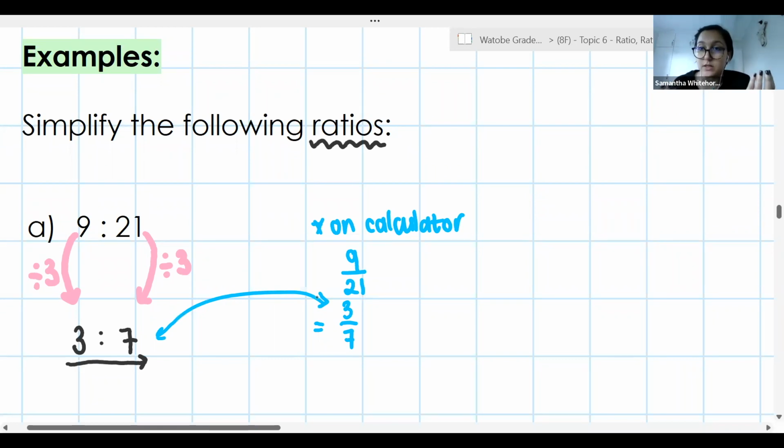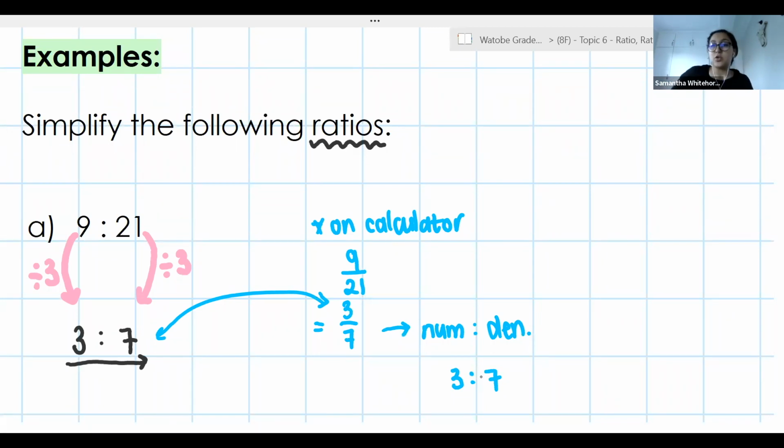One's a ratio, one's a fraction. And so what you need to remember is that once you've got the fraction, you need to write it as a ratio. And that will always be written as your numerator's value first to the denominator's value second. So here we will have 3 is to 7. So you can use your calculator to do the division essentially, or to work with it as a fraction. But remember, it is a ratio. So remember to write it as a ratio.